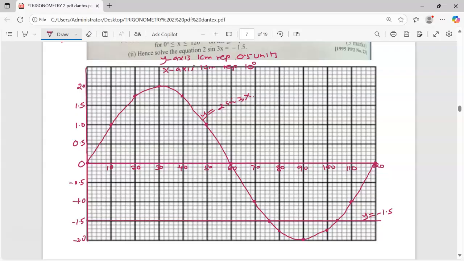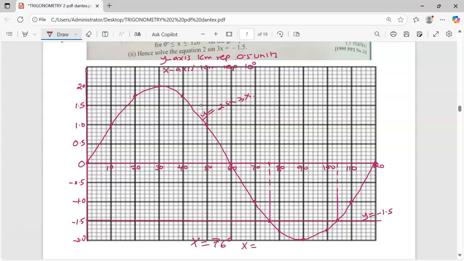So we are going to draw towards the x-axis for us to be able to read off the values at that point. Again, we come and draw another broken line here so that we are able to read off those values, and that will become the solution for this particular case. So the first value of x we are going to have at this point here, it is going to be 76 degrees.